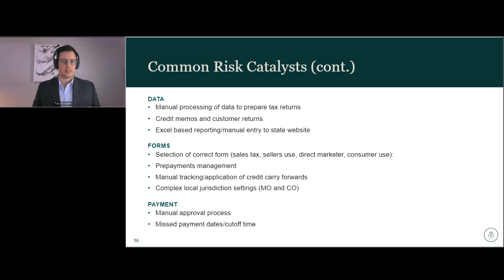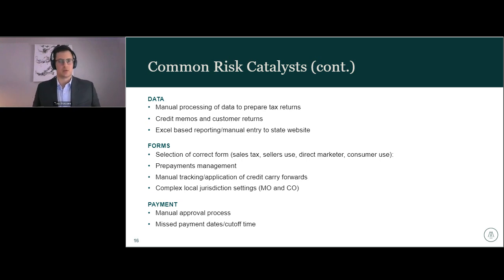Anybody who's filed in Colorado and Missouri understands the burden that is put on you regarding the local jurisdictions and the non-physical locations. In order to accurately file in Colorado and Missouri, you have to report non-physical locations. They're called branch IDs in Colorado and site codes in Missouri.